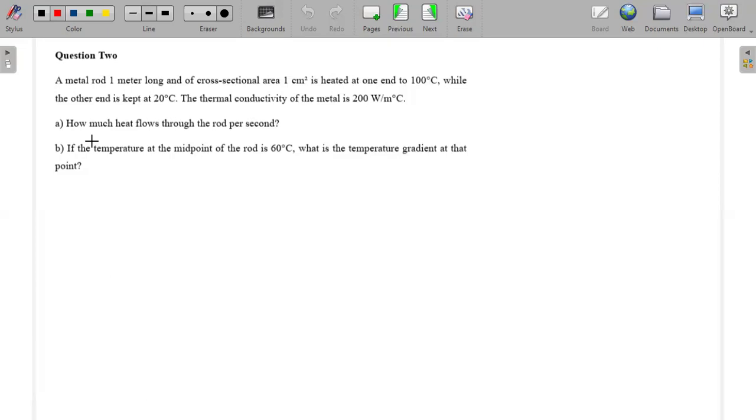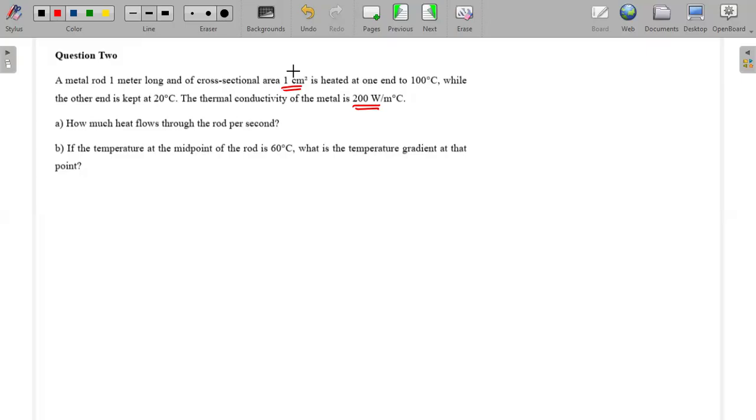As heat is flowing, the rate at which heat is flowing depends on several factors. It depends on the thermal conductivity, which we've already been given in this question. It depends on the cross-sectional area, which we've also been given. It also depends on the temperature difference, which means the difference between the two ends, the environment where heat is flowing from and the environment where heat is flowing to.